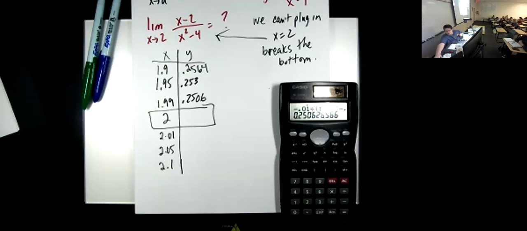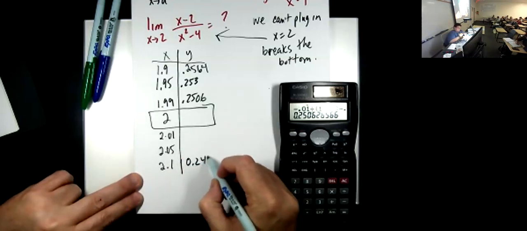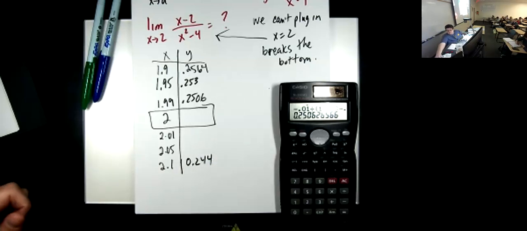And we'll go the other way. I want to cheat and use Desmos because it makes it go a little bit faster. 2.1 is 0.244. 2.05 is 0.247.